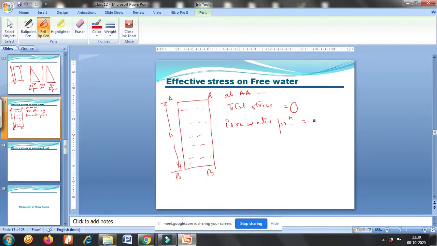There is no water present above that, so the pore water pressure is also equal to 0. So the effective stress, which is total stress minus pore water pressure, is also 0. So at the level AA, at the top surface, there is no total stress, no effective stress, no pore water pressure.